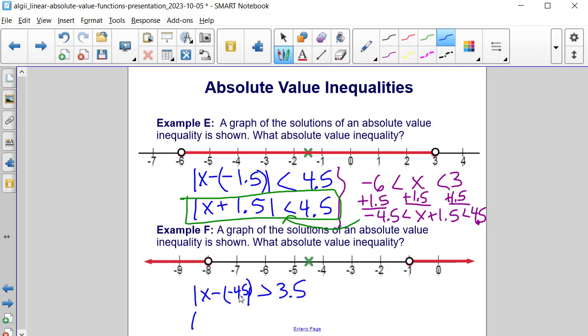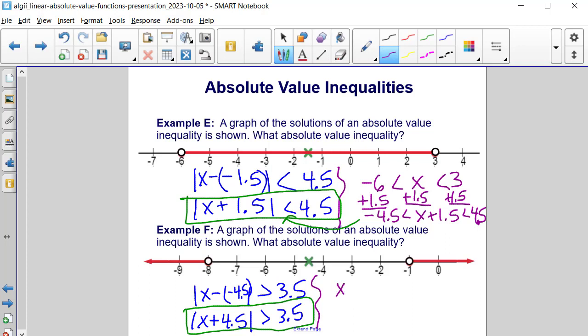And then if we simplify by changing the subtraction of a negative to a plus sign, we get that x plus 4.5 inside the absolute value must be greater than 3.5. So this is the final answer. If you like to approach this algebraically, instead of just observing the graph and directly putting it in absolute value terms, we can do that.